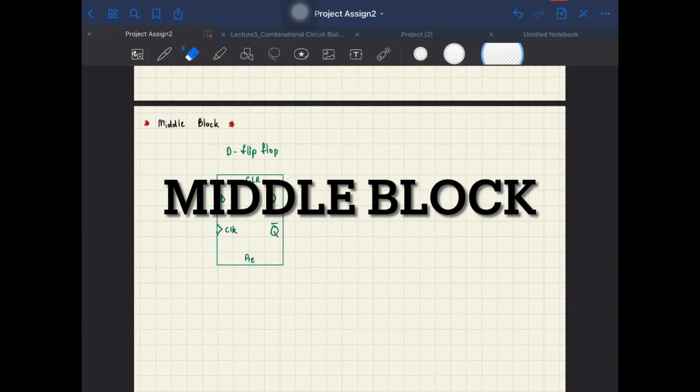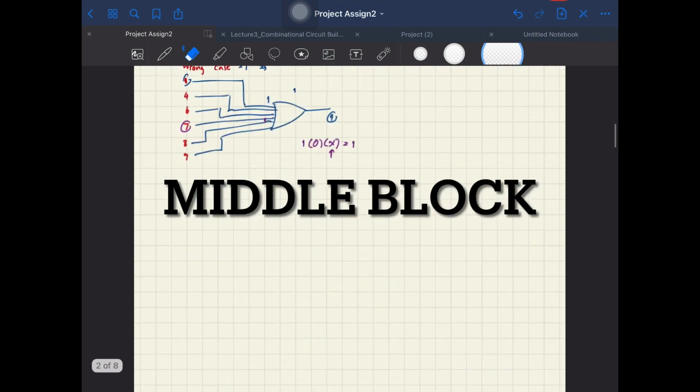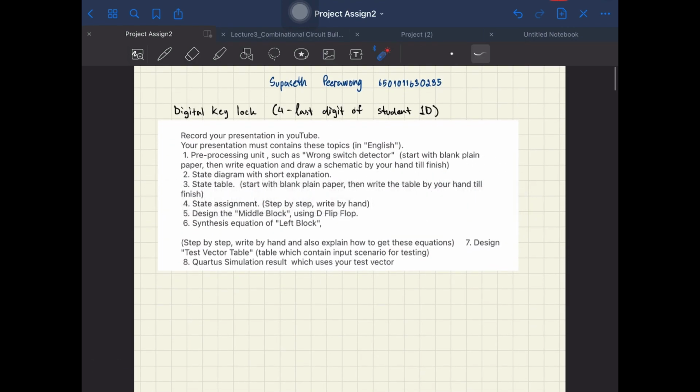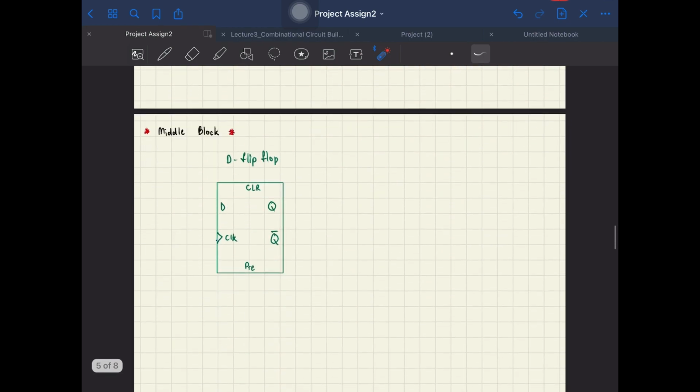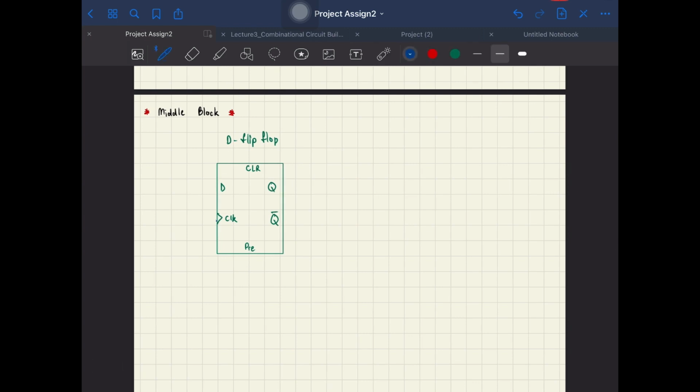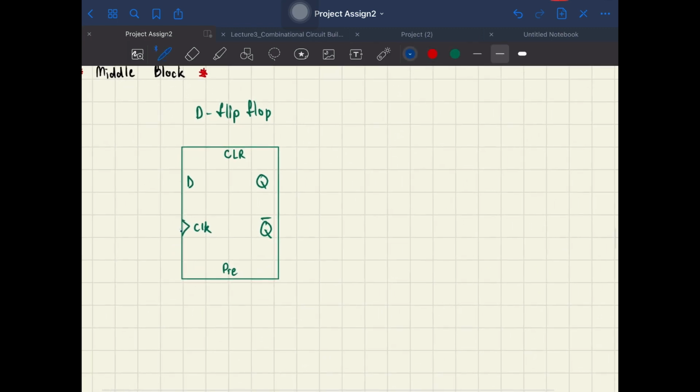If we talk about the middle block from the assignment, it says to design the middle block using flip-flops. So I already drew the flip-flop and there are many things here, right? This pin is the input, and the clock pin is like a clock pulse, and it will check the input at the clock tick.